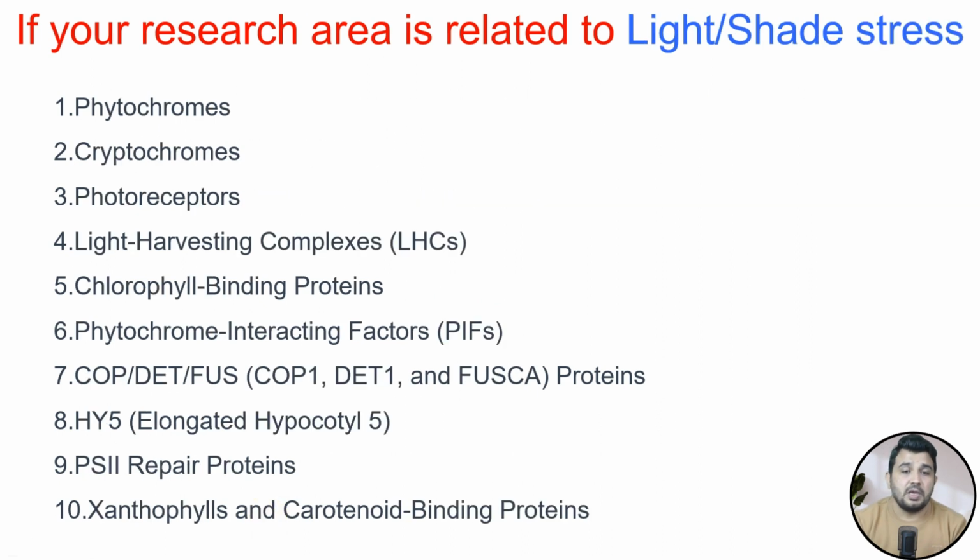If you are working on light and shade stress, you can choose phytochrome, cryptochrome, photoreceptors, light harvesting complexes, and chlorophyll binding proteins. Similarly, phytochrome interacting proteins, COP1, hypocotyl elongated 5, repair proteins, xanthophylls, and carotenoid binding proteins. All of these are involved in light and shade stress, so you can select any of these from this list as well.